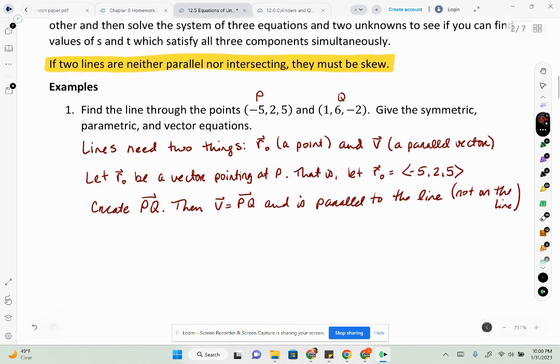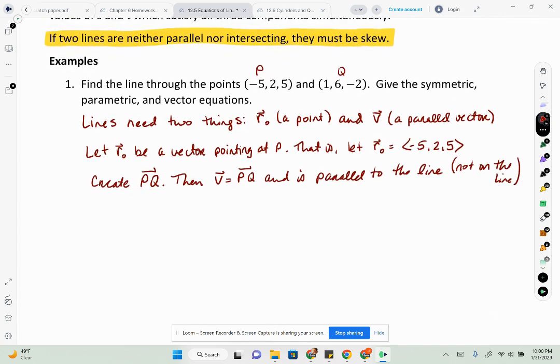That's all we need. Okay, so I've already found my R naught. I need to create my V vector. V, again, is going to be the directed line segment PQ. So we take the Q values and subtract the P values. That'll be 1 minus -5, 6 minus 2, -2 minus 5. Go ahead and work those out. First component is 6, second component is 4, third component is -7. There's my V vector. Okay, I have everything I need.